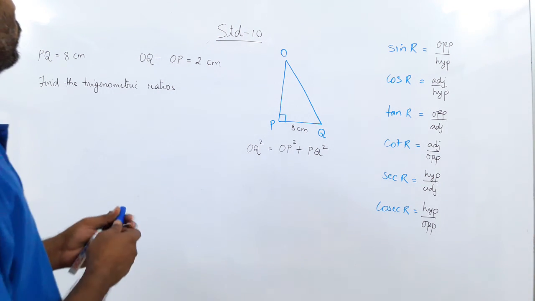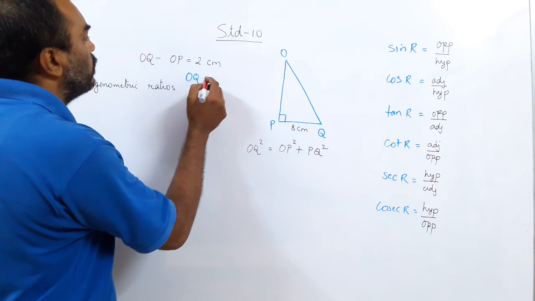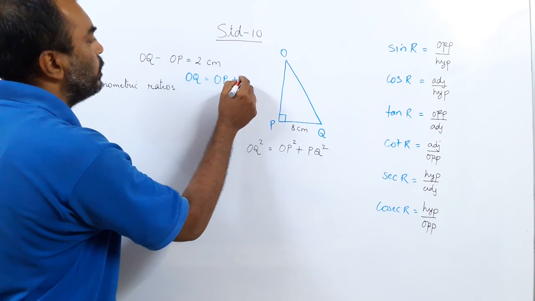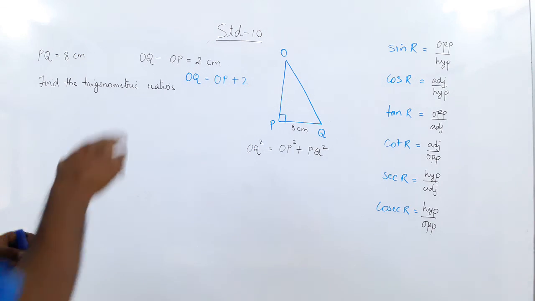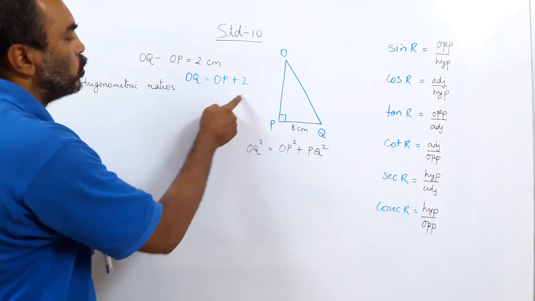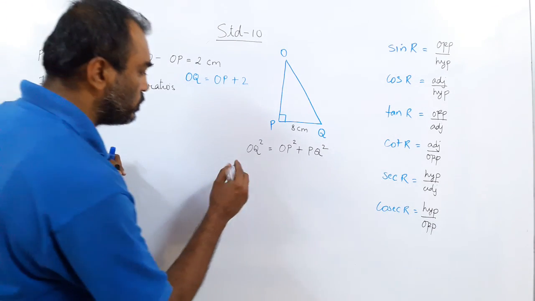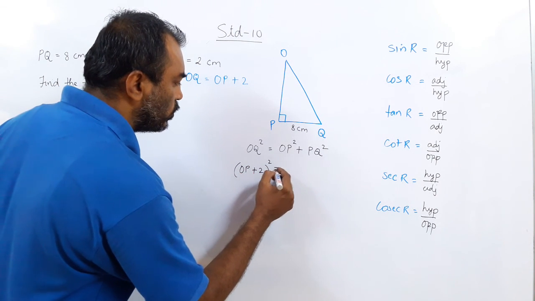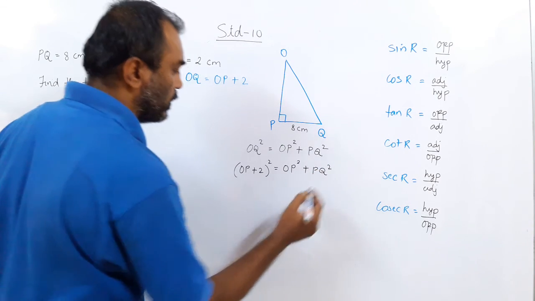But what I can do is say OQ minus OP is 2, so OQ equals OP plus 2. So instead of OQ, what will I write? OP plus 2 the whole square equals OP square plus PQ square.